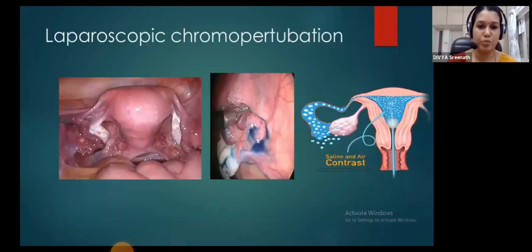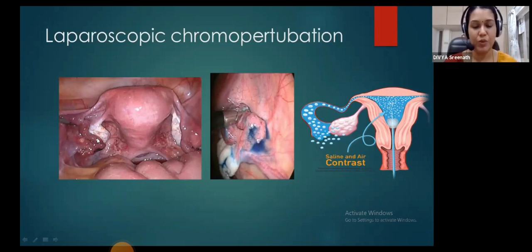This is a laparoscopic chromopertubation, that is, done with the help of laparoscopy. Dye is injected through the cervix, and with the laparoscopic view itself, you can see the dye pass through the fallopian tube and fall into the peritoneum.